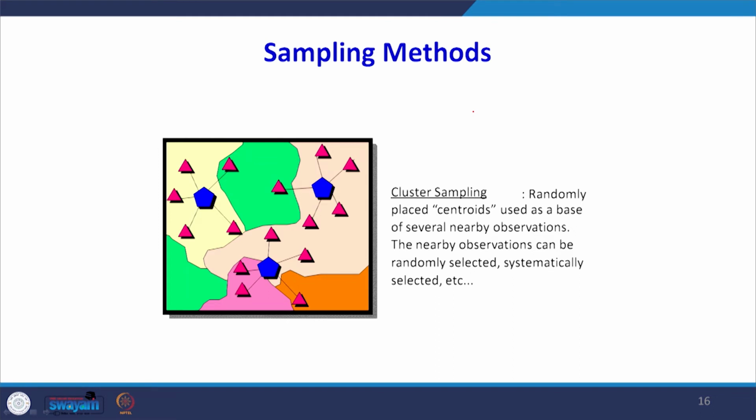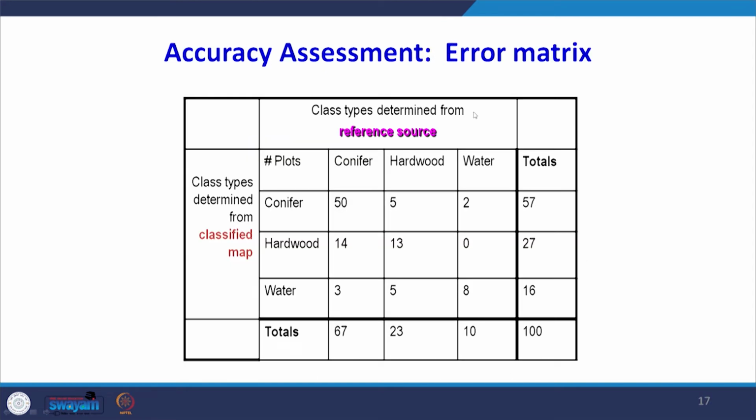Each of the methods has its merit and demerit, but one has to select a particular method in order to collect the data. So, once you have collected the data, this is the example which shows that from the reference source, you have 1, 2, 3, 4 categories which are coming from the ground truth data.